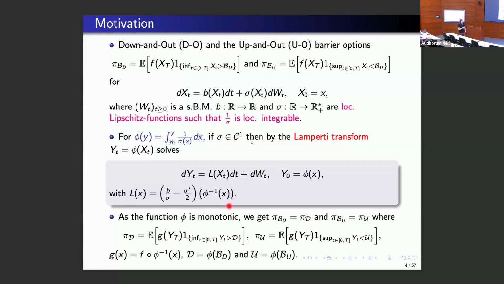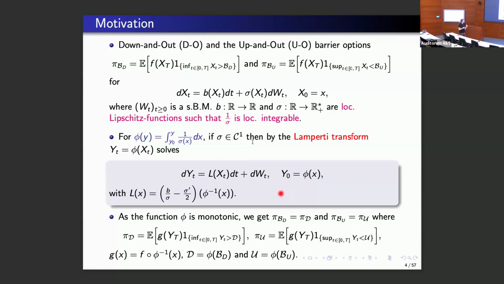Once you have 1 over sigma to be locally integrable, you may apply the Ito formula for this new function phi, which is the antiderivative of 1 over sigma. And with the Ito formula, you realize that your noise becomes additive. This is quite important in our setting in order to run multi-level Monte Carlo in an optimal way.